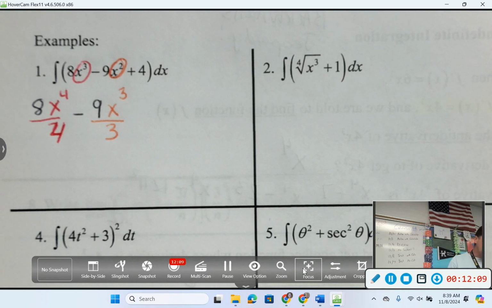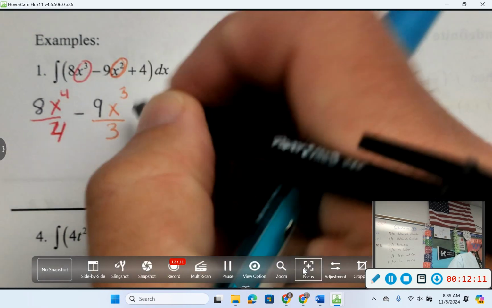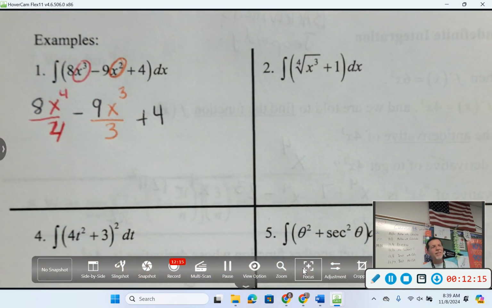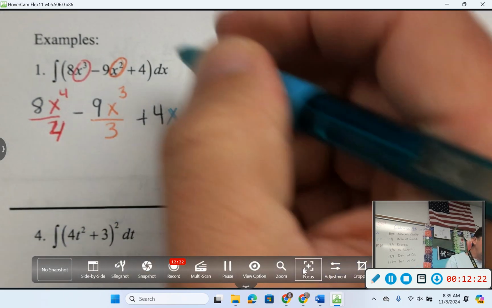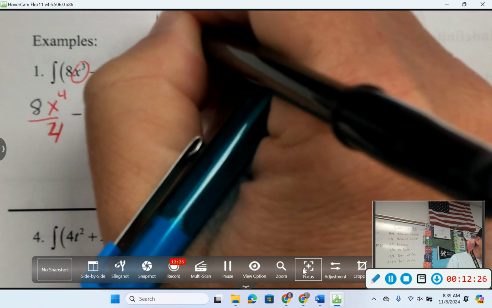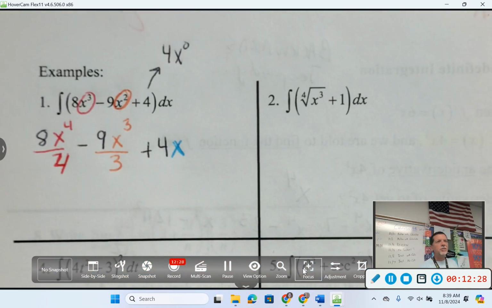Well, what about this last one? That one is more like figure it out. Like, hey, think about this. What has a derivative of 4? 4x. It's still x to the 0 if you really need to go the formulaic route. Like x to the 0 is the same thing as just 4.